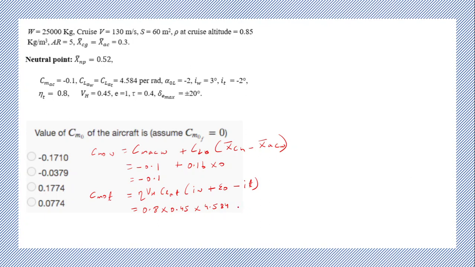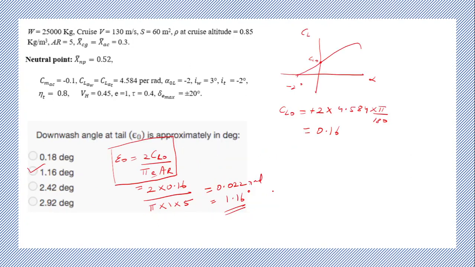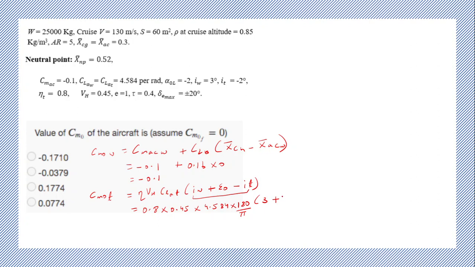So what do we do here? Into, it is in per radians, into 180 by pi, because our values here are in degrees, okay? So wing setting angle is 3, epsilon naught was 1.16, minus tail setting angle is minus 2 degrees.